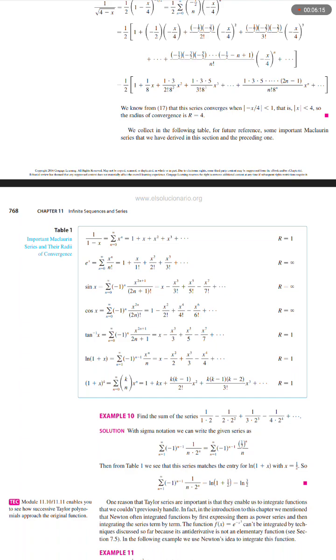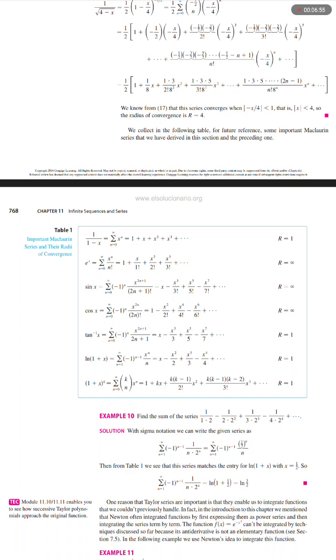Cosine x equals the sum from n equals 0 to infinity of (negative 1) to the power n times x to the power 2n over (2n) factorial, equals 1 minus x squared over 2 factorial plus x to the 4th power over 4 factorial minus x to the 6th power over 6 factorial plus ellipsis.